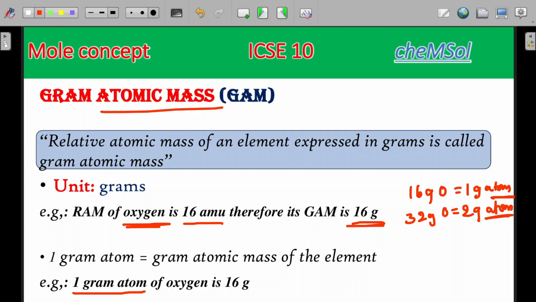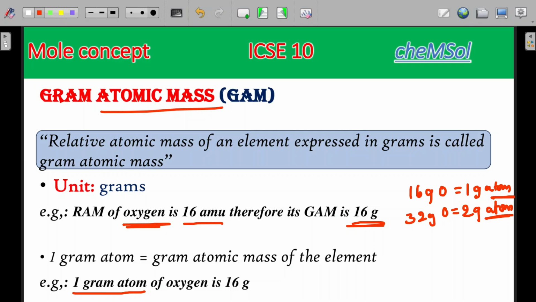So 1 RAM is equal to 1 gram atom basically. Not actually equal, numerically equal. Numerically 16, 16, but unit wise they will change. Alright? So if they ask 2 RAM of oxygen is 32, for example, so it's 2 gram atom. 2 RAM they will not ask you.